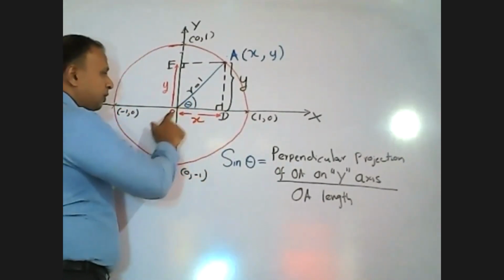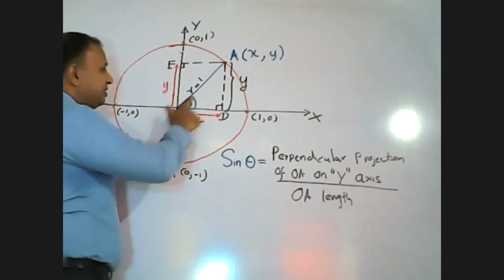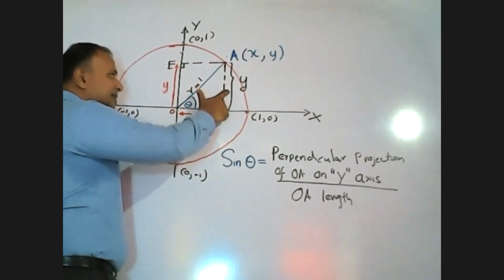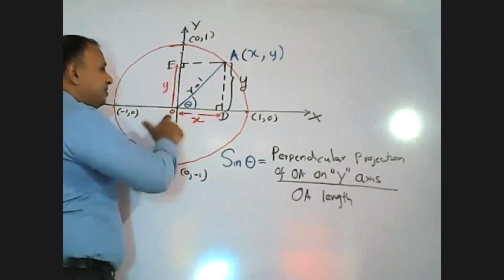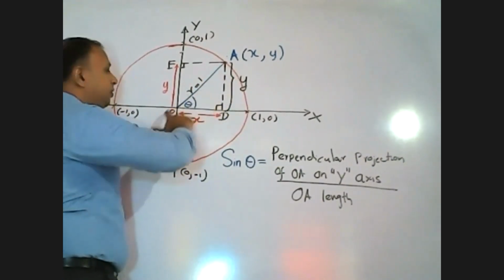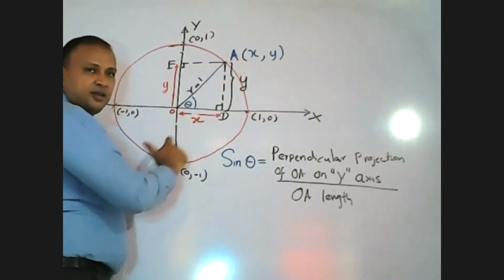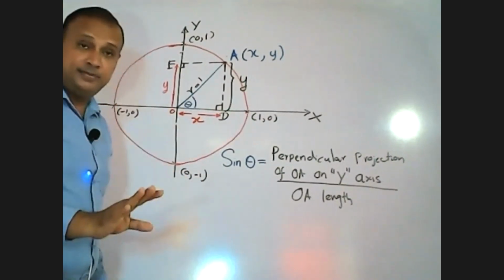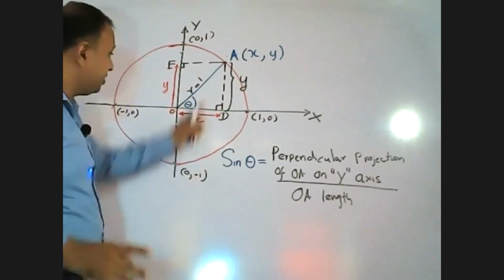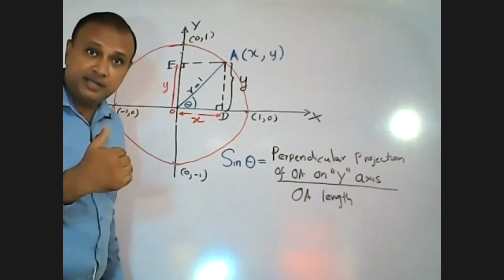According to our basic definition, sine theta is equal to opposite side over hypotenuse. Opposite side means y. Hypotenuse is equal to OA. So y over OA. We know that thing.